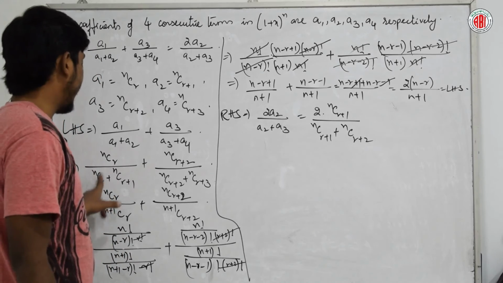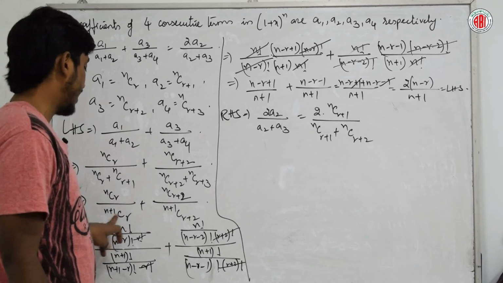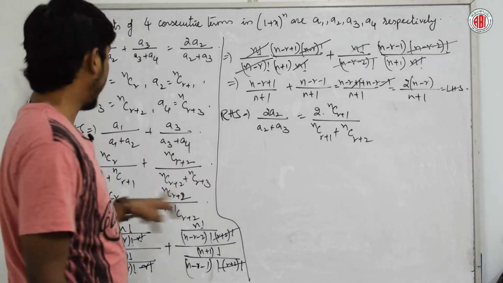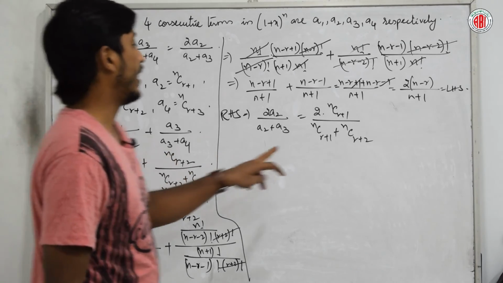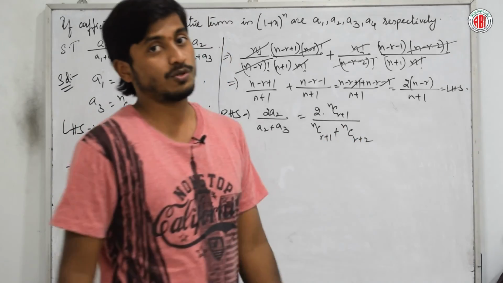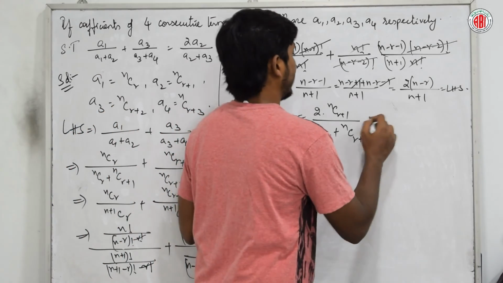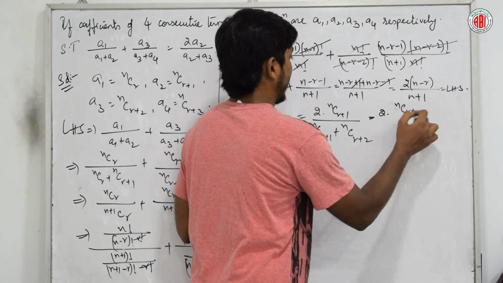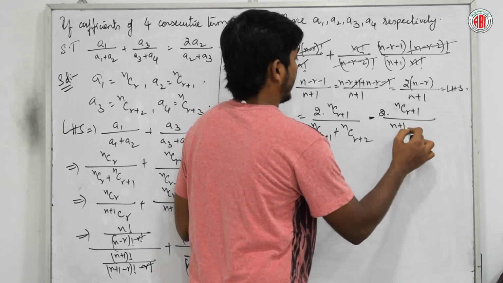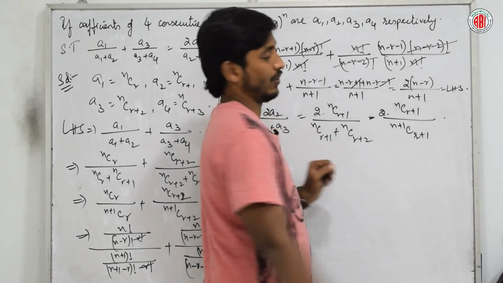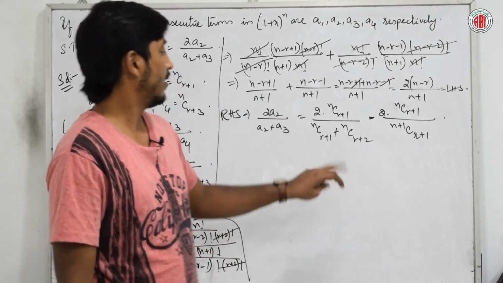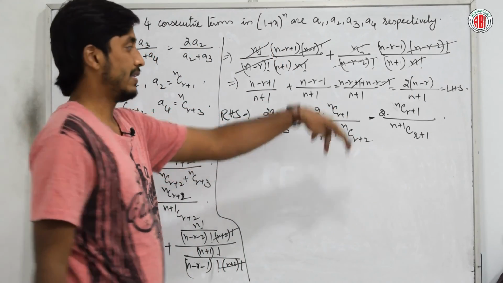If the formula is NCR plus NCR plus 1, this is n plus 1 CR. Right? Here R has to be incremented. And here NCR plus 1, NCR plus 2. So that is nothing but n plus 1 CR plus 1. This is 2 into NCR plus 1 by n plus 1 CR plus 1. Right? Is it okay? So let us simplify this now.